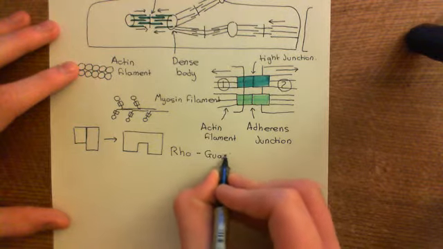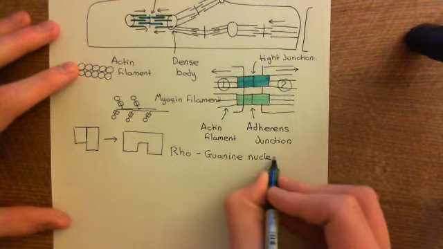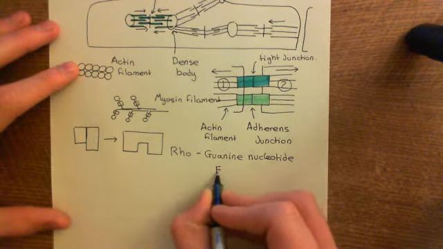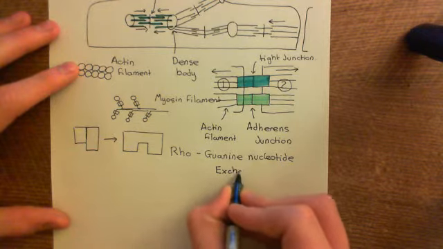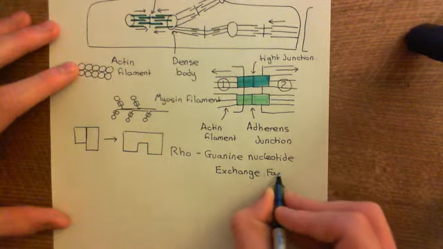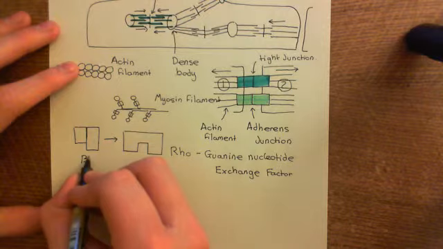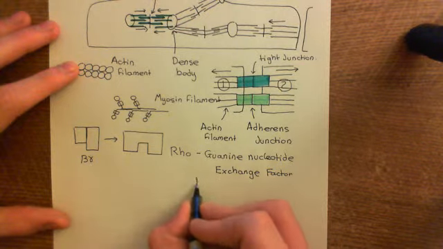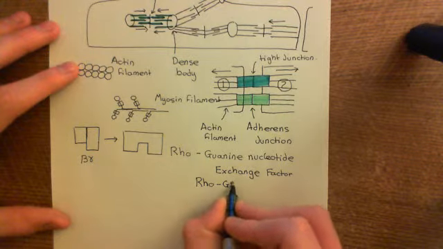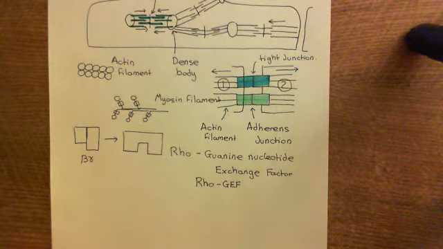People have an acronym for guanine nucleotide exchange factor, so it's often just abbreviated to GEF for short. So this structure that the beta-gamma subunit is going to activate is often abbreviated just to Rho GEF.